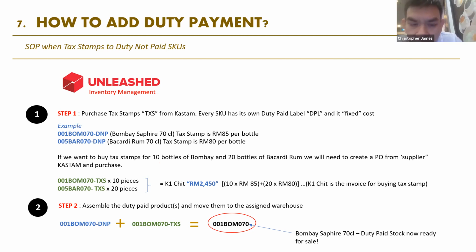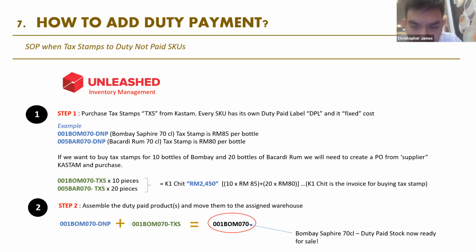You must complete first. You must make the purchase in the system first, because you already bought from customs. Once it's purchased and you already paid the money, you press complete, then you can change the SKU from bonded to duty paid.